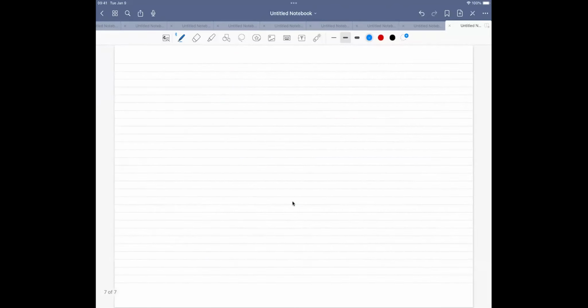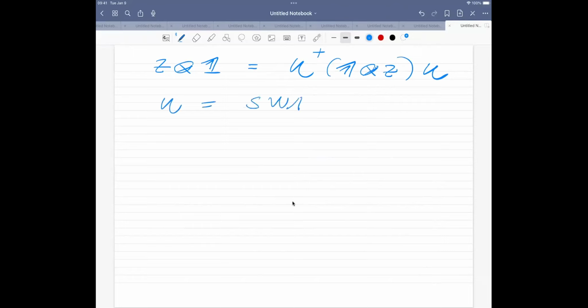If I look at this C times I, which is the matrix I want to perform my calculations in, I can rewrite it in terms of a unitary transformation times this matrix times U. Now, this unitary transformation is in our case given by what's called a swap gate.